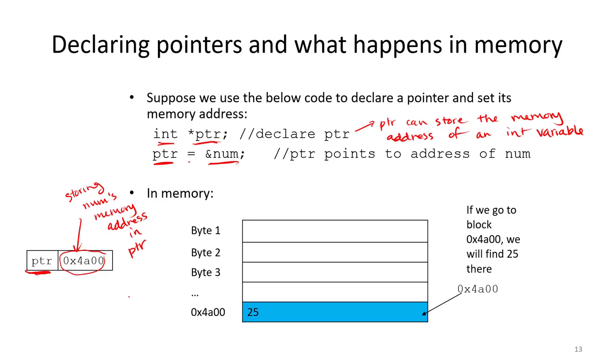And if I were to go into the memory at address 0x4a00, this is num's memory address, notice that I would find the value 25 stored in the memory address. So notice that the pointer ptr does not hold the value 25. ptr points to the location where num is stored.